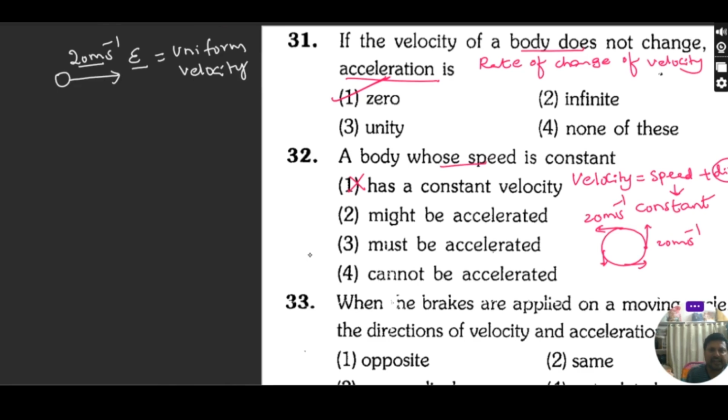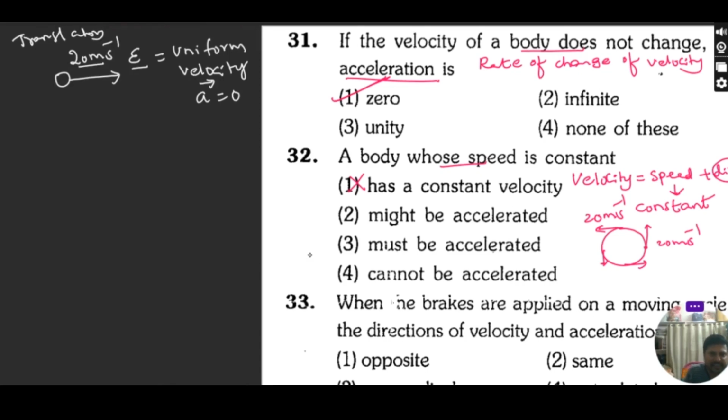Already we know very well, if the velocity of a body does not change, acceleration is equal to 0. That means if a body moves along a straight line with uniform velocity, acceleration is equal to 0. It is a translatory motion.